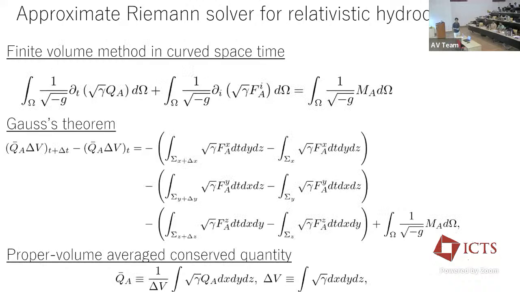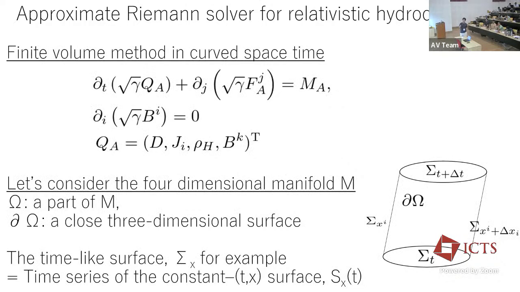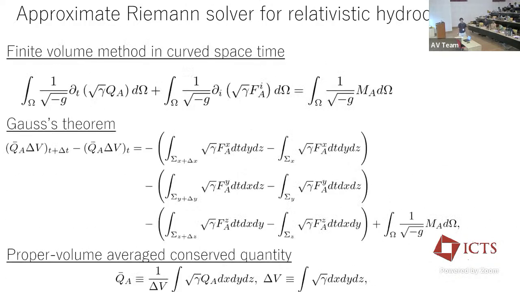So let's start from the conservation equation for the T^{mu nu} divergence. Sorry. Let's start from the energy-momentum tensor, the divergence of the energy-stress tensor.